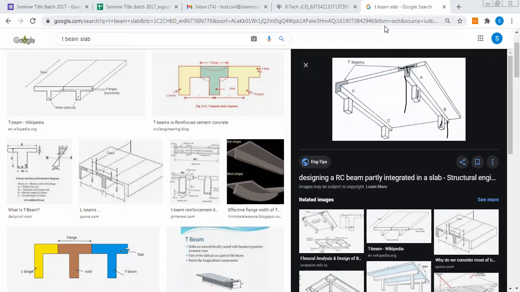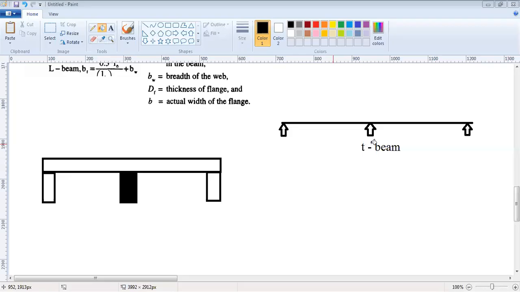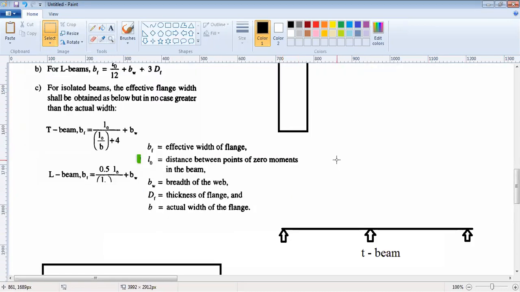So you have to take it that it is supported. That's why I'm showing you कि ये यहाँ पर भी supported है, although it may not be supported at the same point, लेकिन ये T beam फिर किसी support पे load transfer कर रहा है, so it becomes a support. Then there is a support at the other two ends as well from the L beams, right?